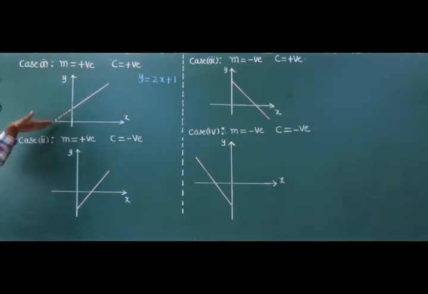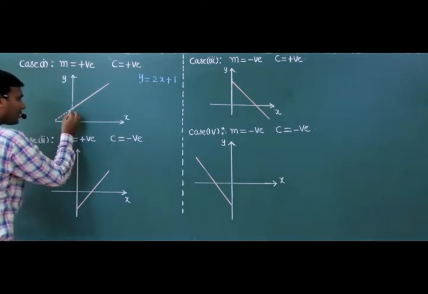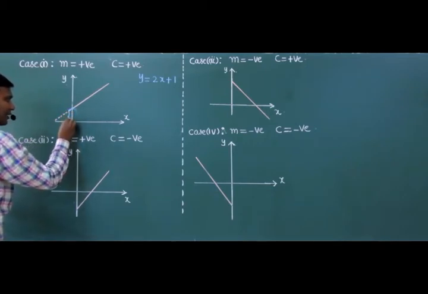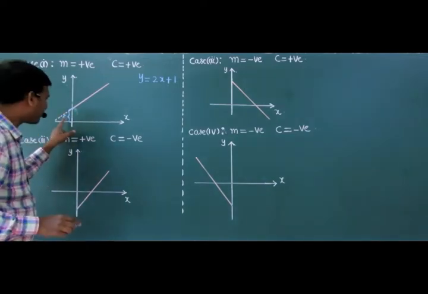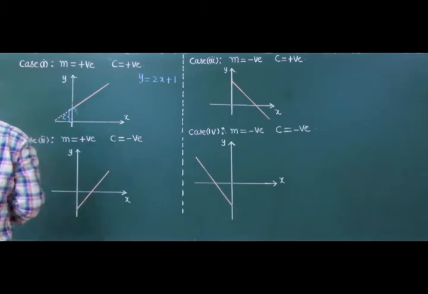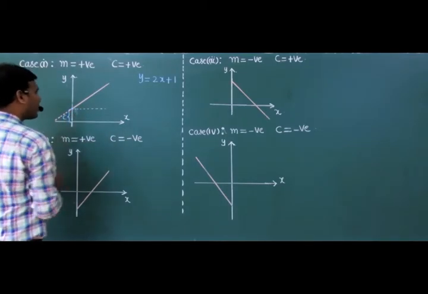The graph is a straight line, but not passing through origin. This is the intercept. C is positive or negative? Positive only. Then how to calculate whether slope is positive or not?